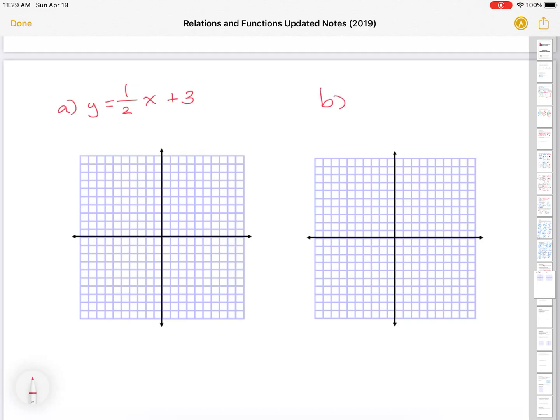And for B, we have y is equal to -3/4 x plus 2. So what we're going to do to graph these, we start at the y-intercept, and then we use slope, like we did in the last lesson, to plot the next point.